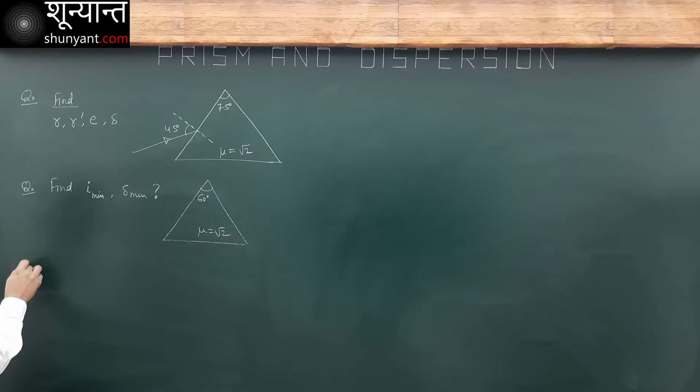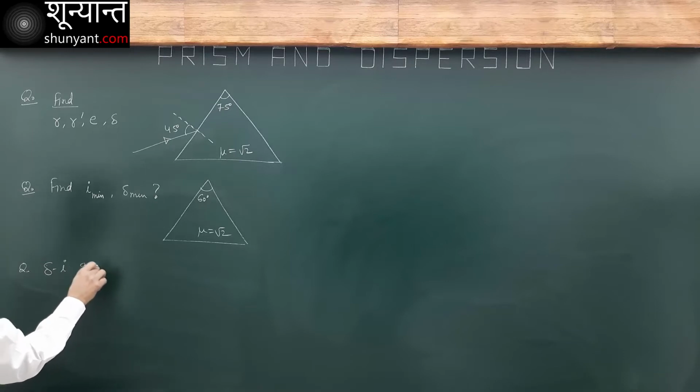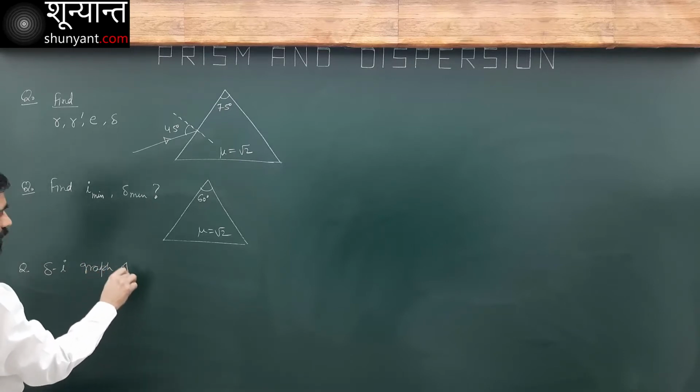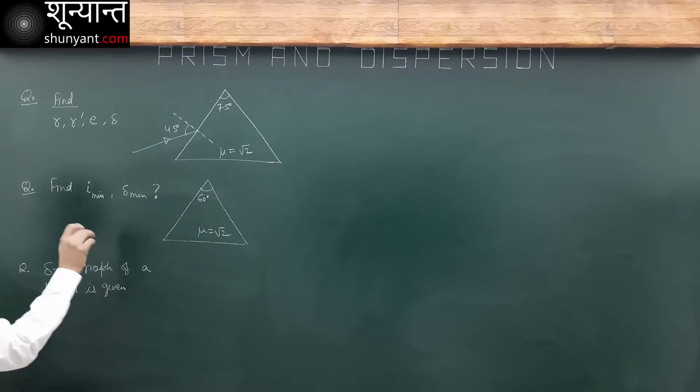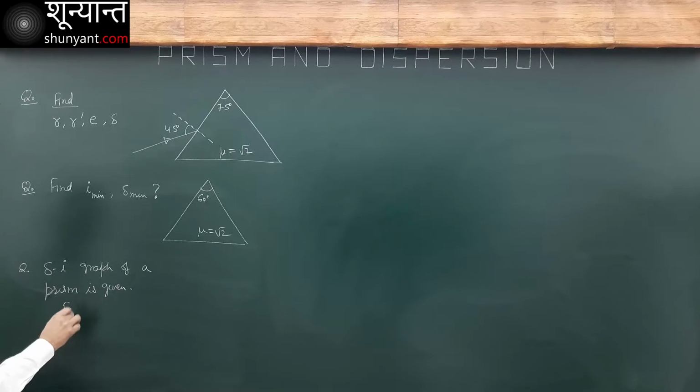Let's do one more. The delta-i graph of a prism is given. Find the angle of prism.